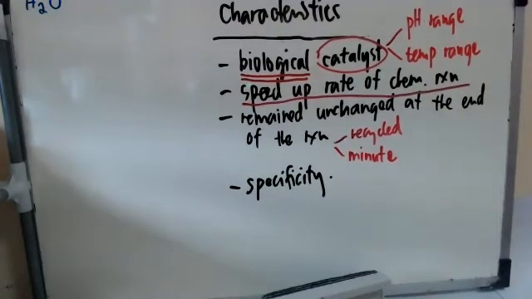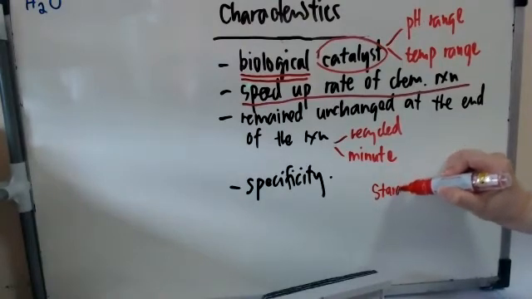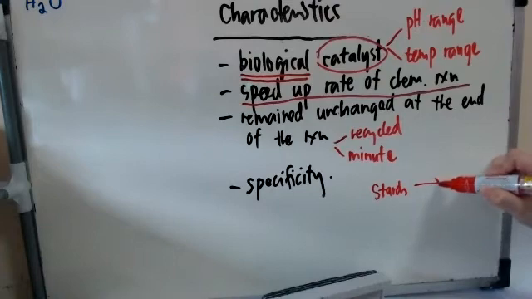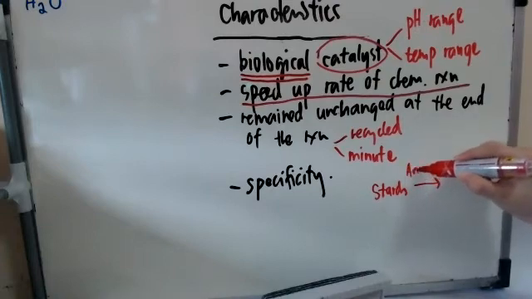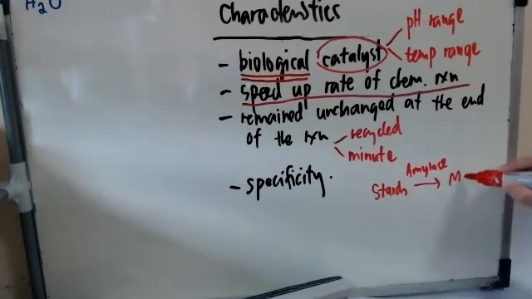Okay, I'll give you an example. Say I have starch. Starch is digested by the enzyme amylase. Amylase will digest it into maltose. That is the job of amylase.